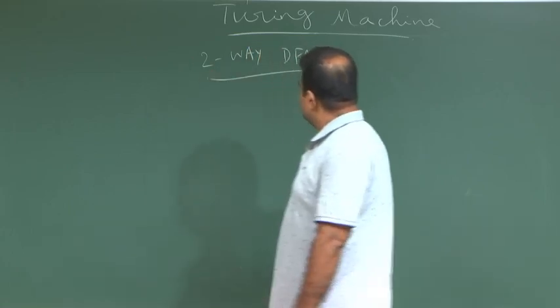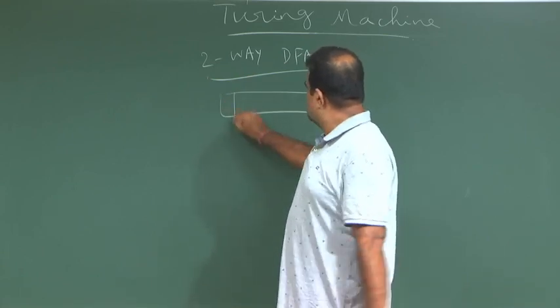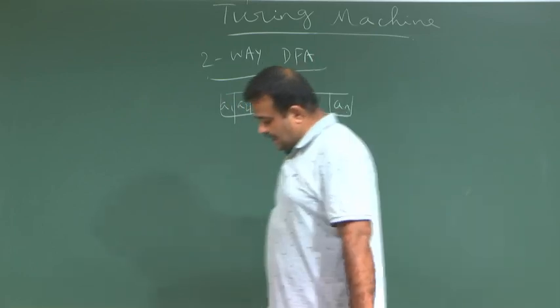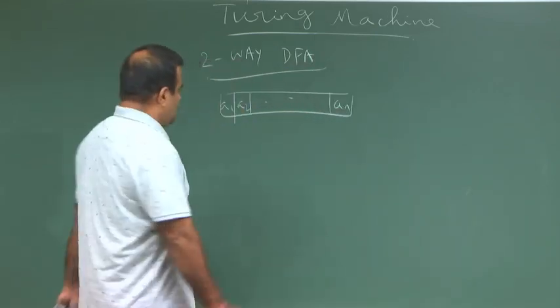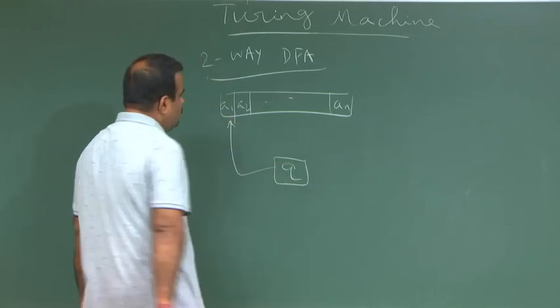If we recall the two-way DFA, we have an input A1, A2, ..., AN, and we have a state Q which is taking this input.